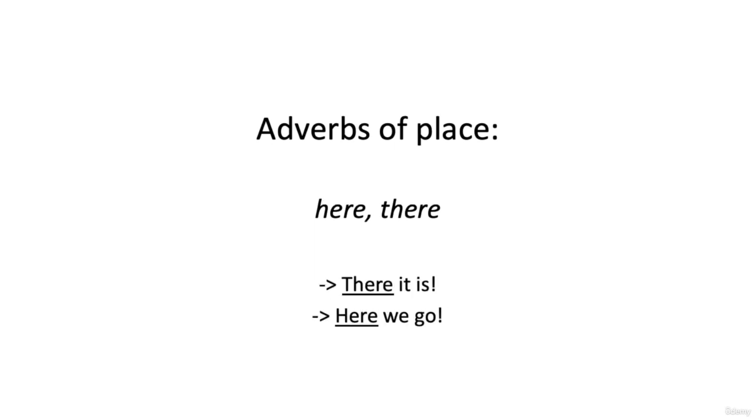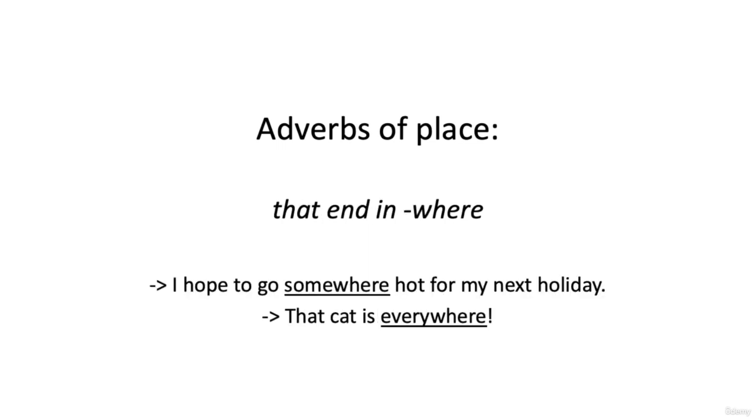Here and there can be placed at the beginning of a sentence for emphasis. For example, there it is. Here we go. Adverbs of place that end in where refer to non-specific locations or directions.